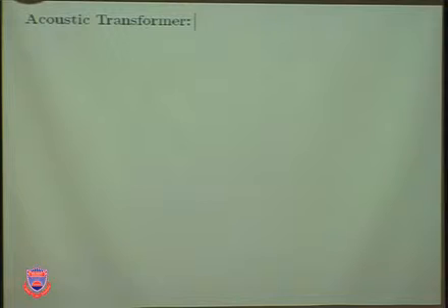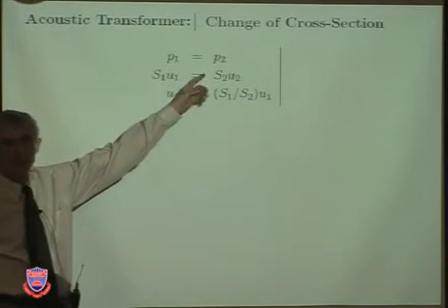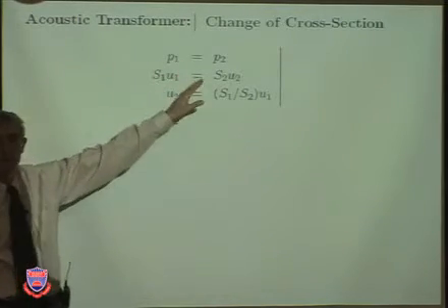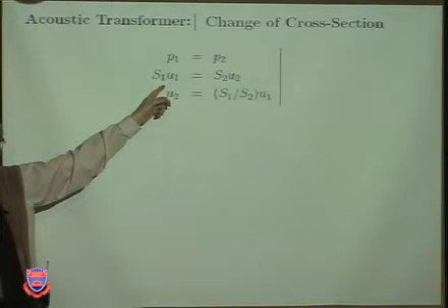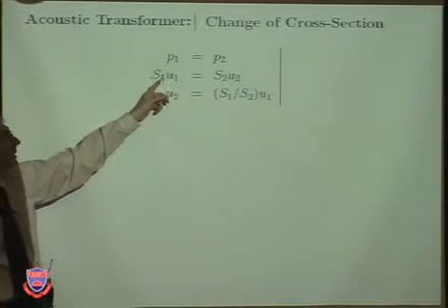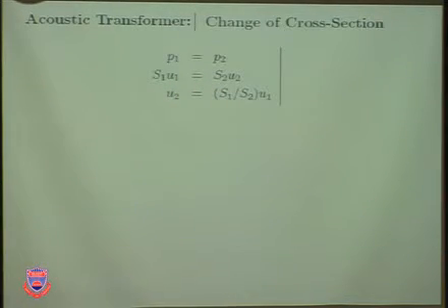Okay. Acoustic transformer, okay? Once again, it's the concept of changing a cross-section. Just like what we have done before. We said we have two boundary conditions, P1, P2, and conservation of area times particle velocity.